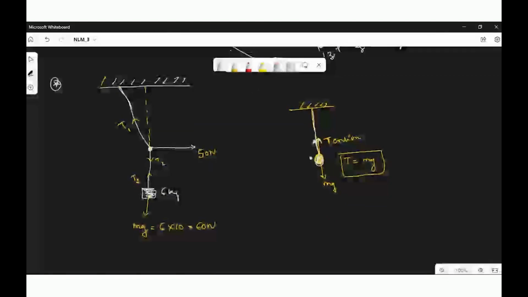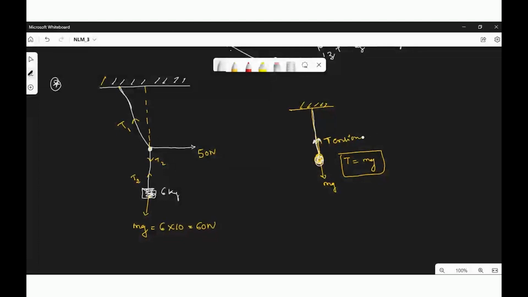If you use a cotton thread, it can withstand only small masses. A string made of steel or some metal wire may have a larger capacity. This material property is what you study in detail in elasticity.